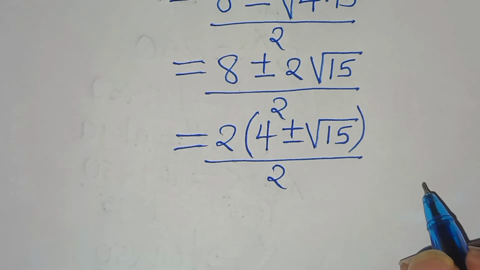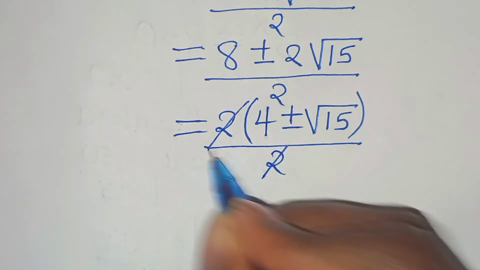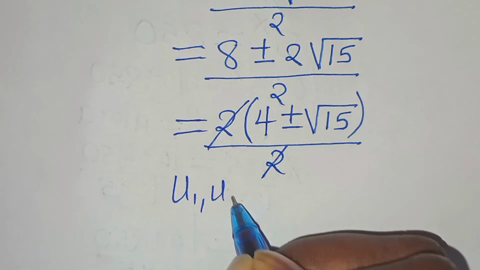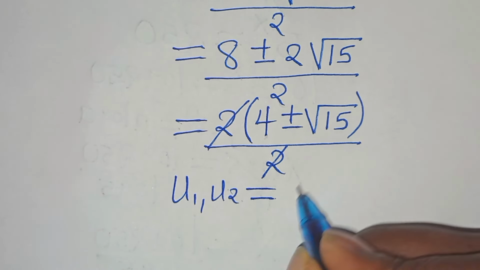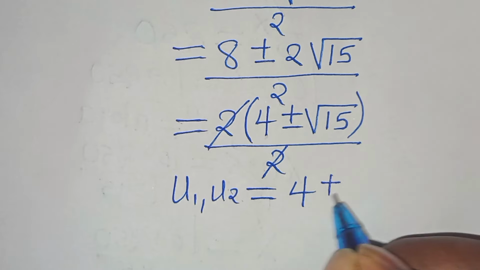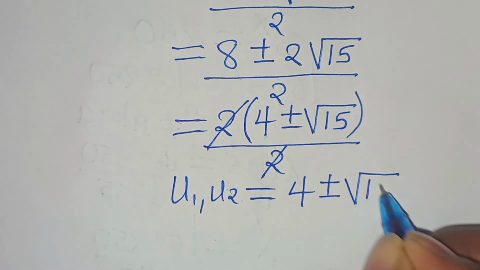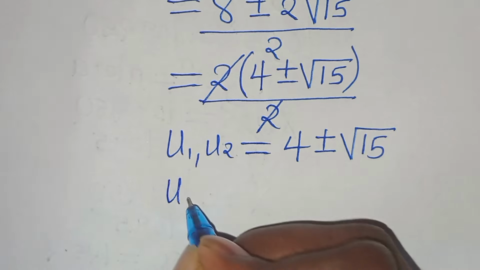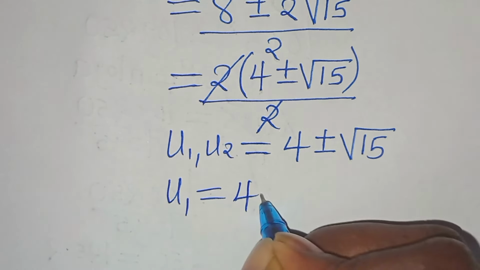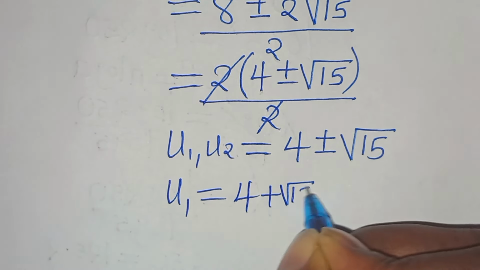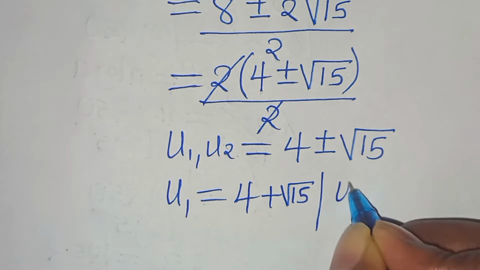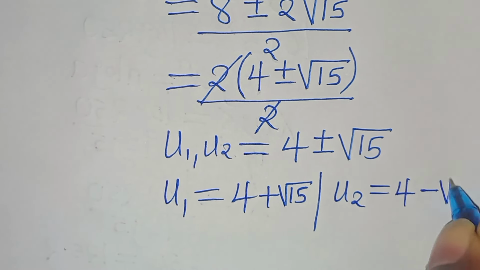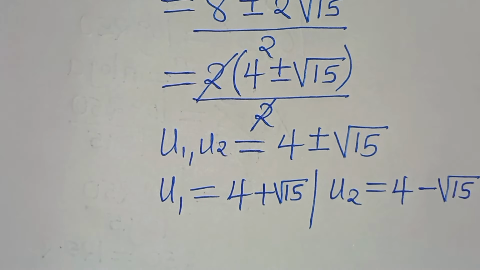So let's simplify 2 and 2, so that u1, u2 is equal to 4 plus or minus the square root of 15. So we have u1 equal to 4 plus the square root of 15, and u2 equal to 4 minus the square root of 15.